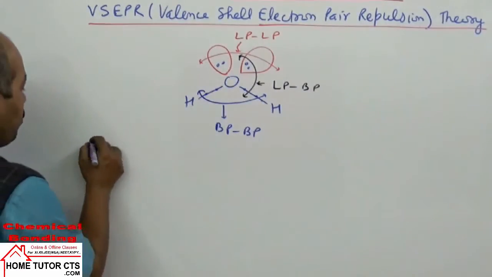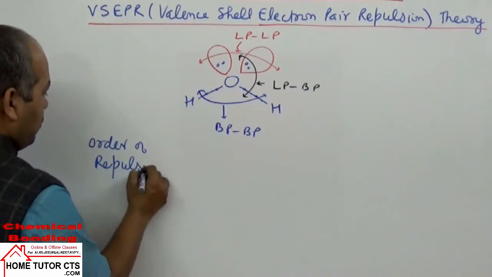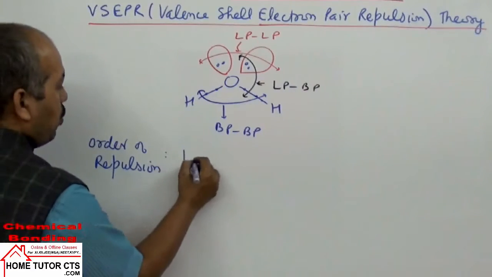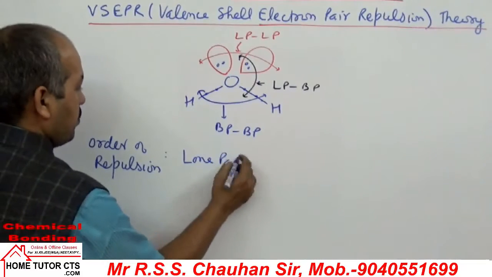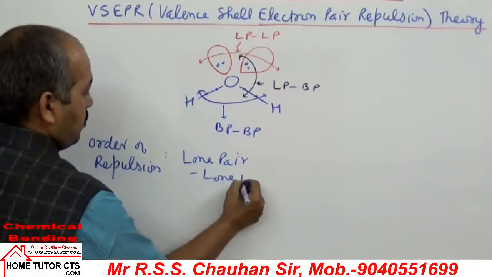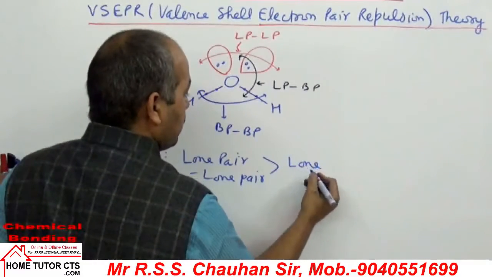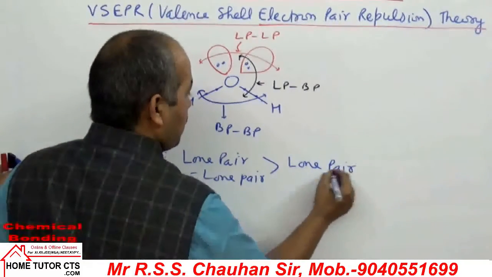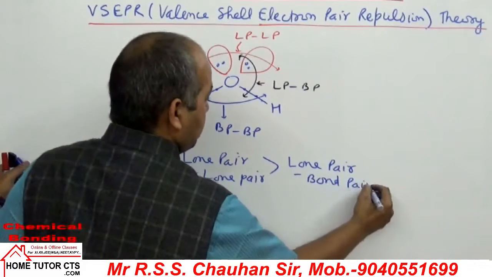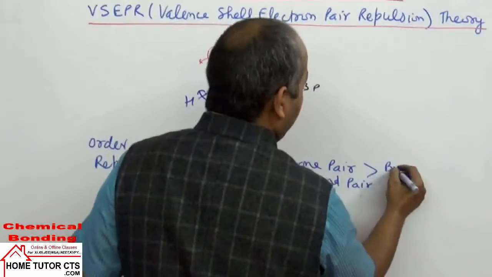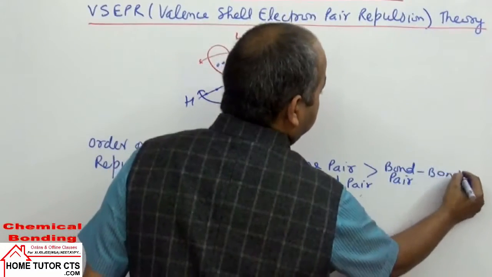The order of repulsion will follow: lone pair-lone pair repulsion maximum, then lone pair-bond pair repulsion, and then least we have bond pair-bond pair repulsion.